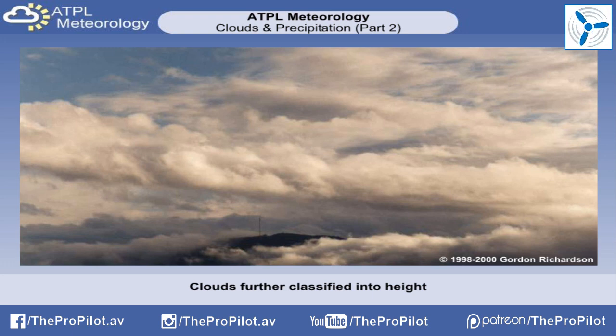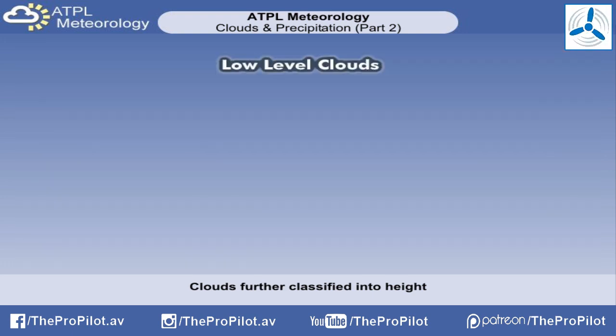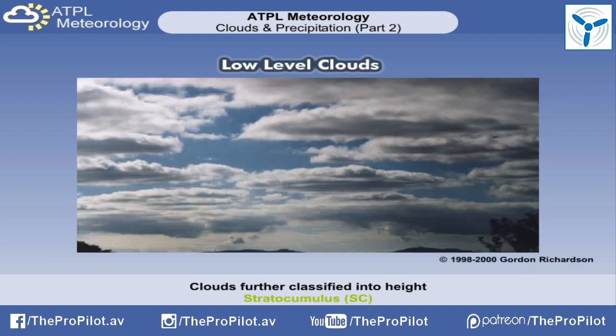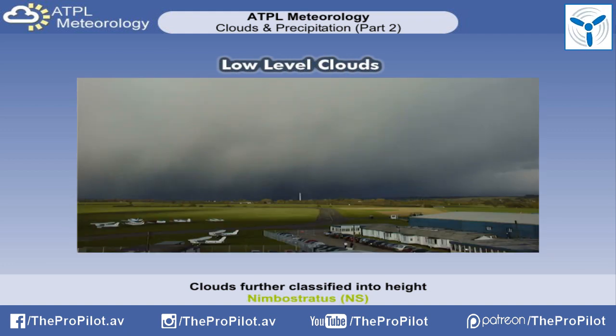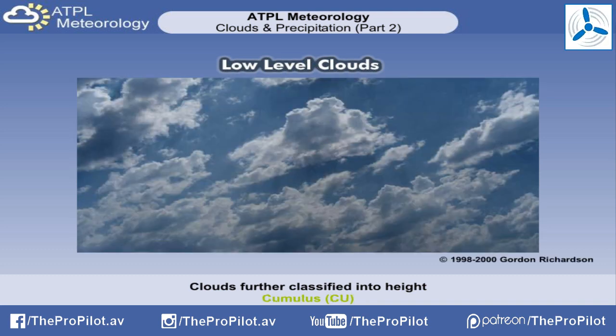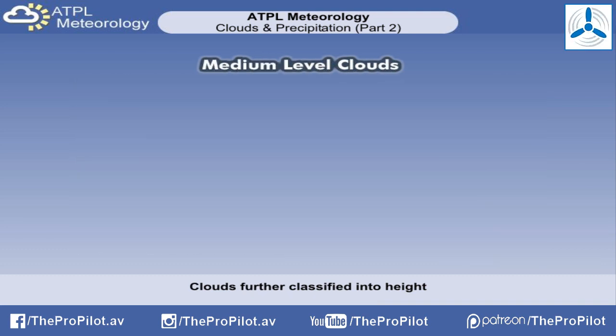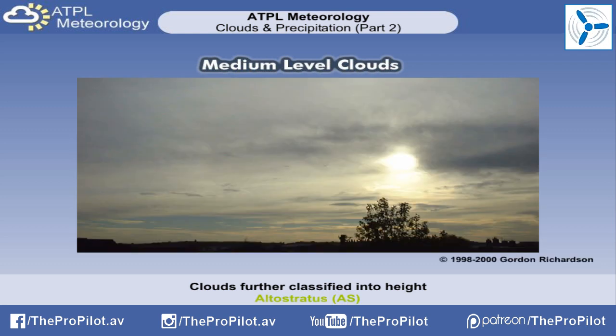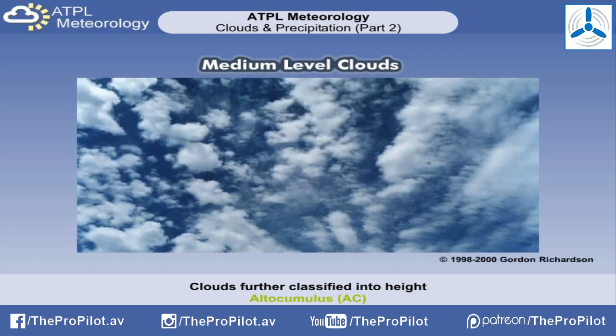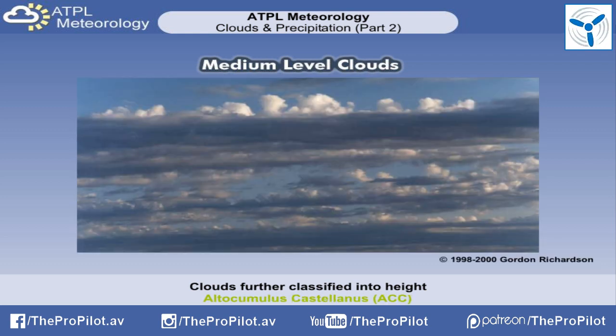Clouds are also defined by the height of their base. So we have low-level clouds, stratus, stratocumulus, nimbostratus, cumulus, and cumulonimbus. Medium-level clouds are always denoted by the prefix alto. These are altostratus, altocumulus, and altocumulus castellanus.